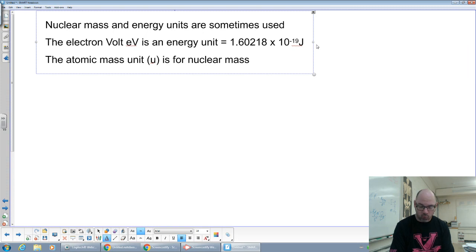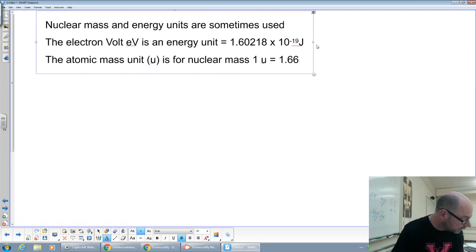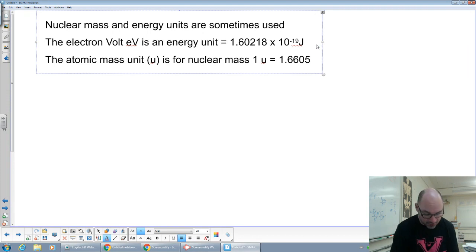And 1 u equals 1.6605 times 10 to the negative 27 kilograms.